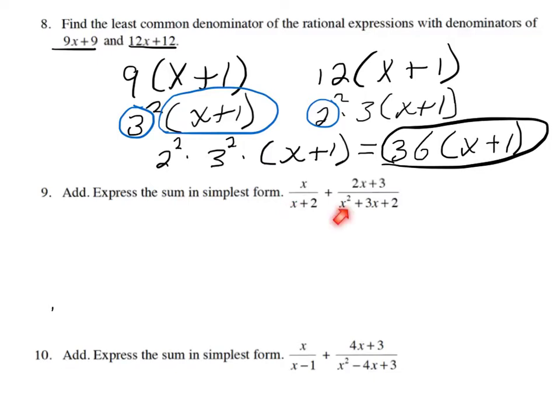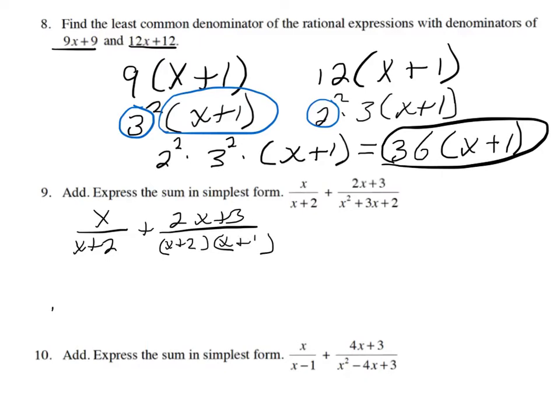It's prime. This is to the second power, so are there factors of 2 that give us 3? The answer to that is yes. So let's go ahead and do that. We're going to take x over x plus 2 plus 2x plus 3 over, and that's going to factor into x plus 2 times x plus 1.